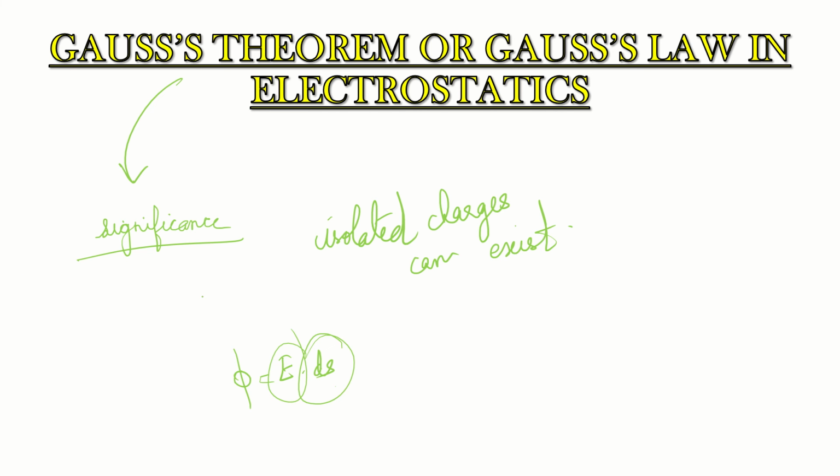So we can also find flux using the equation Q by epsilon naught, which we got from Gauss's theorem. Phi equals Q by epsilon naught. This equation can also be used to find flux. So you know the statement of Gauss's law, it is very, very important. The significance is that isolated charges can exist.